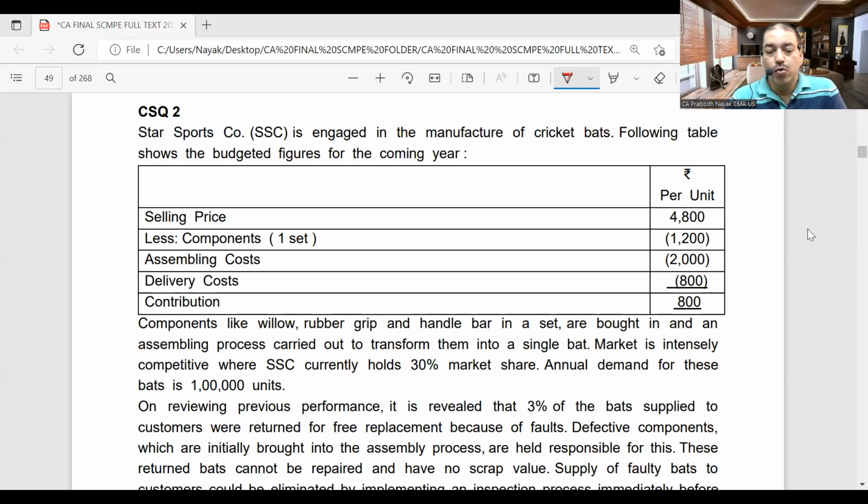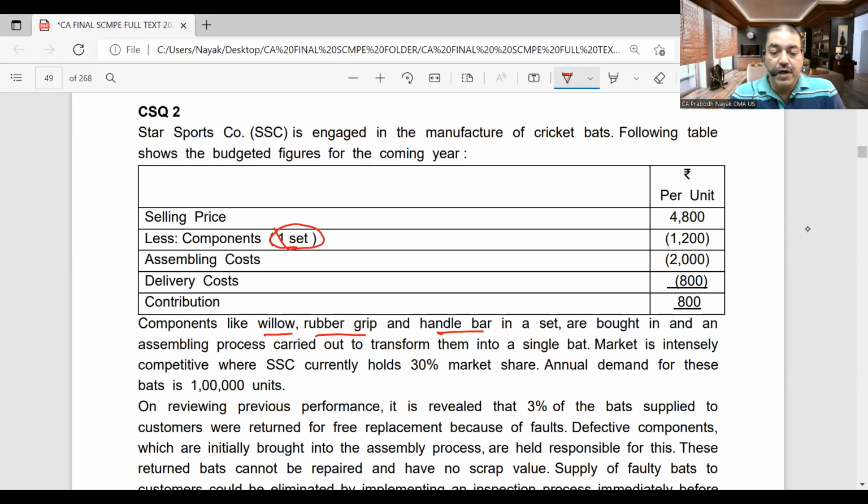Components like willow, rubber grip, and handlebar in a set are bought in, and an assembling process is carried out to transform them into a single bat.